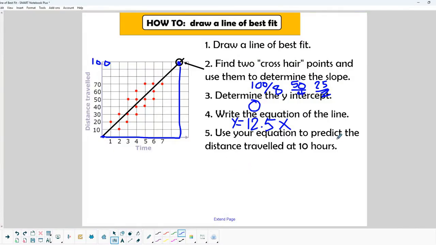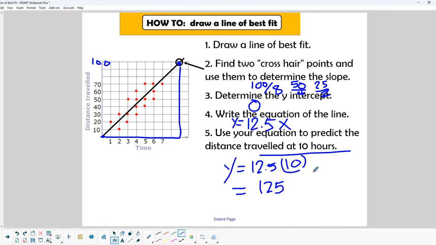So now if we use that to predict the distance traveled in 10 hours, we would just stick in the number 10 for x. We'd have 12.5 times 10, which equals 125.